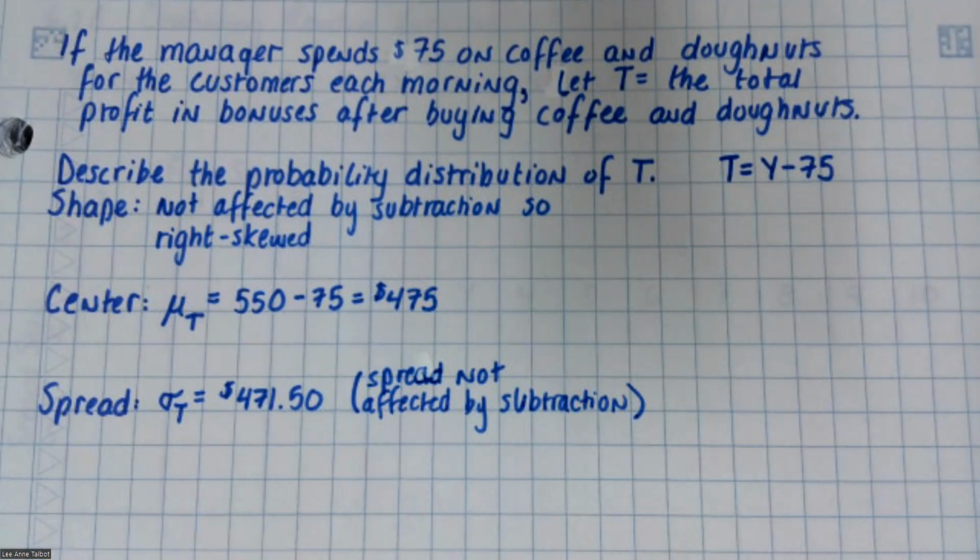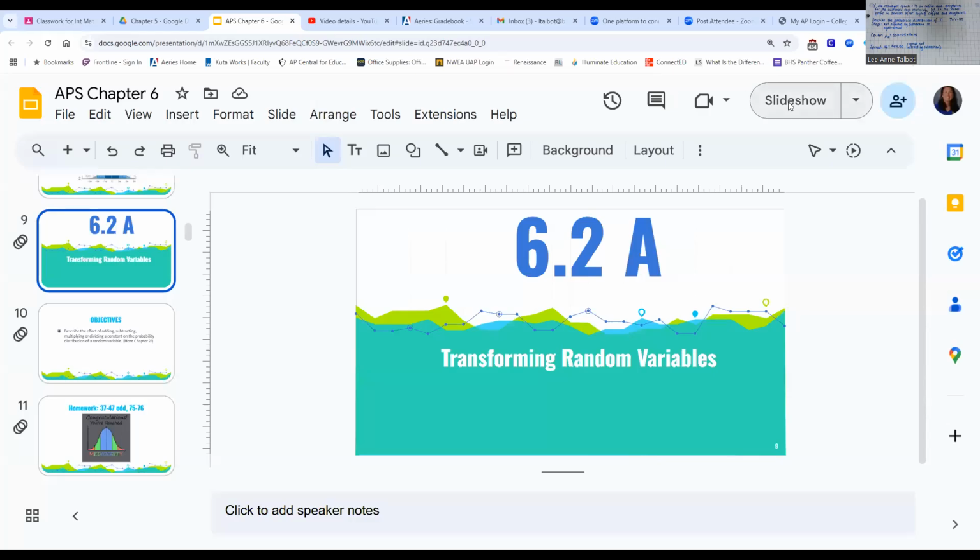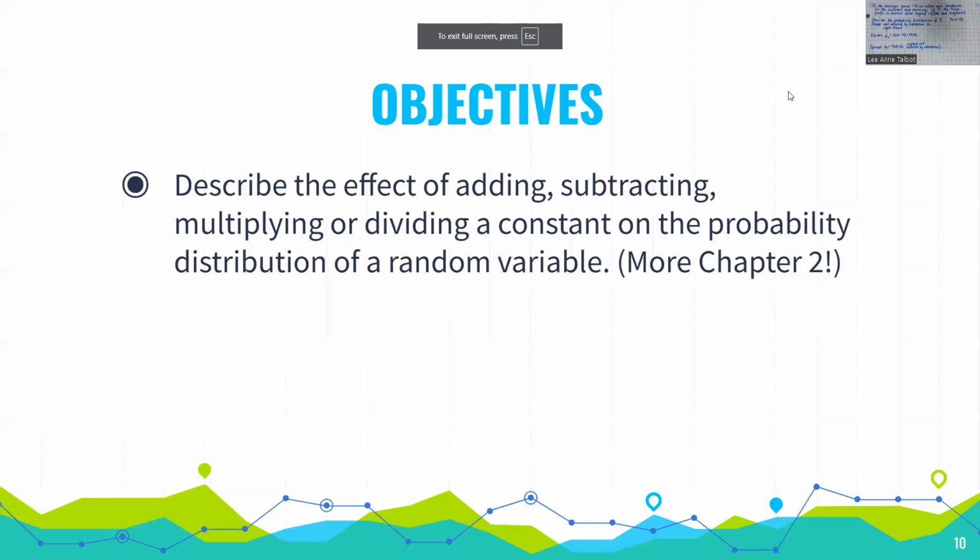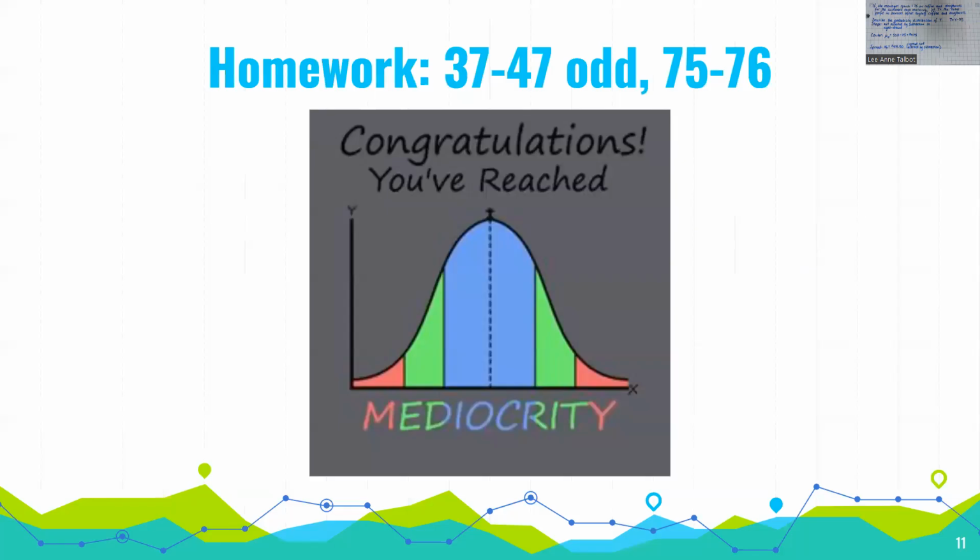You ready for your joke? We did that again. It was chapter 2 again. Here's your joke. It says, congratulations, you've reached mediocrity, because you're in the middle of the bell curve.